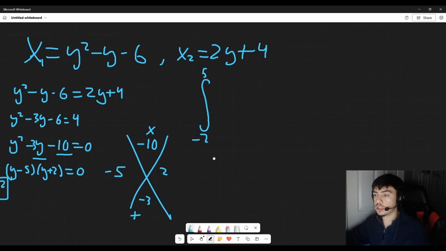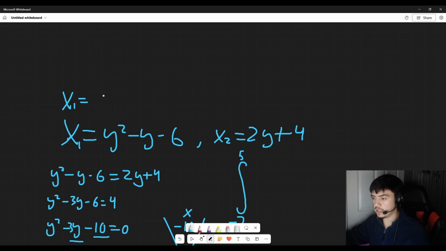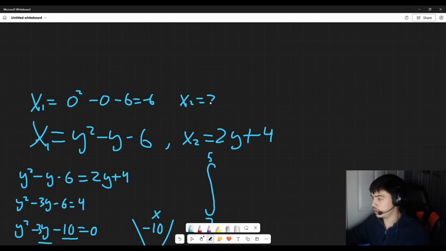So we can just pick an easy number between negative 2 and 5, which is just 0. So we can go ahead up here, and for our x sub 1, when we plug in 0, we get 0 squared minus 0 minus 6, which is just negative 6. And for x sub 2, when we plug in 0, we get 2 times 0 plus 4, which is just positive 4.